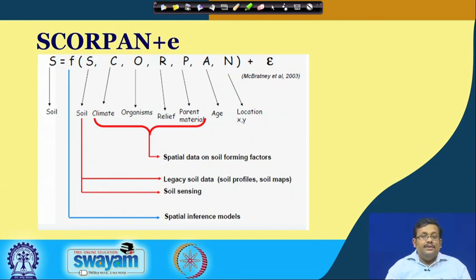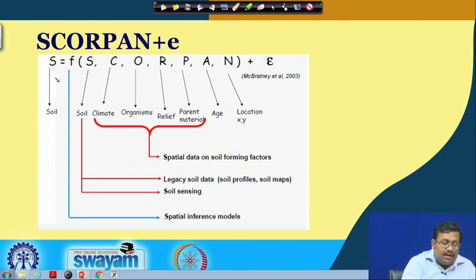Similarly, this SCORPAN+e model is basically a modification of Jenny's factors of soil formation. This SCORPAN+e model says that soil at any particular place is a function of SCORPAN.